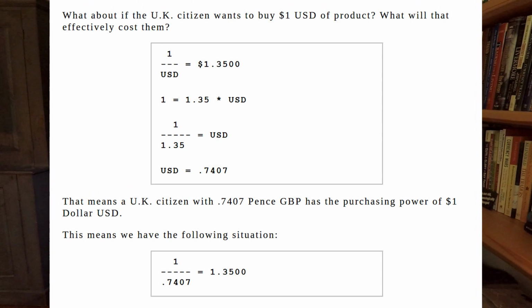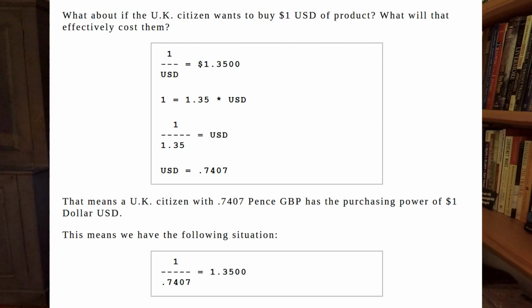So there it says 1 pound over the USD ratio is $1.35. So if you do the magic of a little bit of arithmetic, a little algebra, you find out that it's going to cost the equivalent of 74 cents. That means the UK citizen with 74.07 pence has a purchasing power of $1 USD.